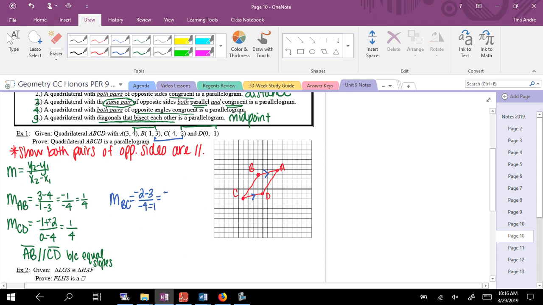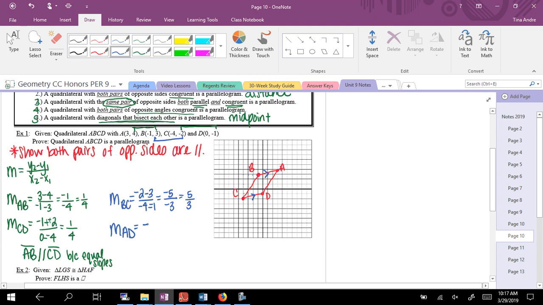So I end up with -5 on top, and this is going to be -3 on the bottom, so positive 5/3. And again, you could check that. So it's up 1, 2, 3, 4, 5 over 1, 2, 3. So that looks good.